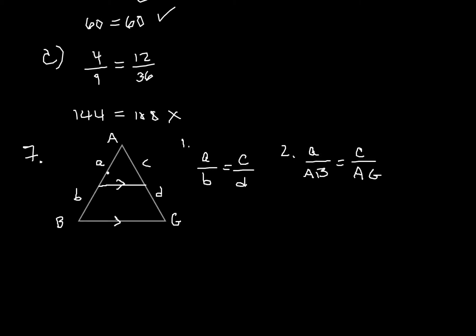So it's top to bottom equals top to bottom, top to big side equals top to big side, and then our third case is bottom to big side equals bottom to big side on the right. And that's about all there is to that. So there's three different ratios that you can get. Little to little on both sides, top little to big side on the left side equals top little to big side on the right side, and then the same with the bottoms. All right, now put that into practice here on the next problems.